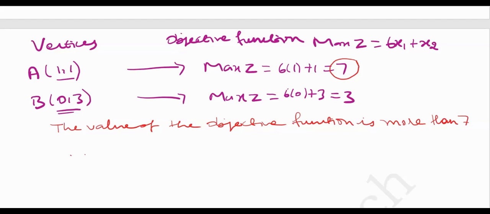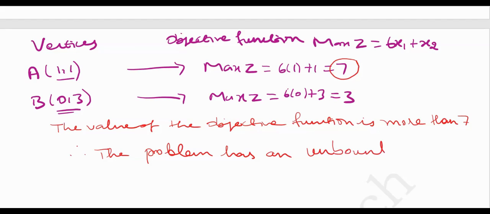Therefore, the problem has an unbounded solution. The given problem has an unbounded solution.